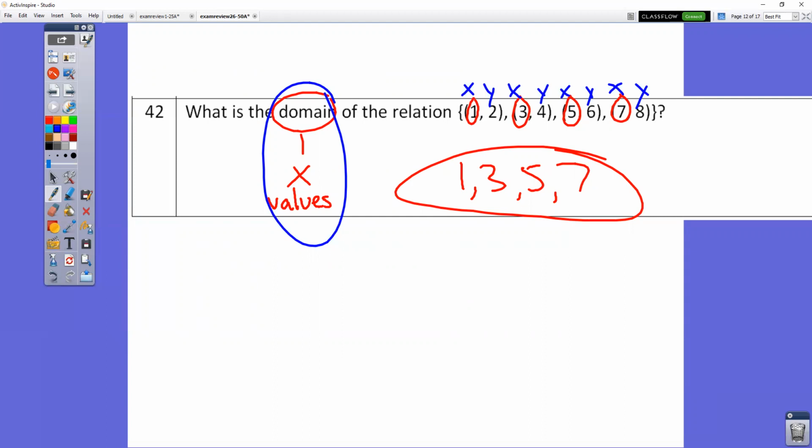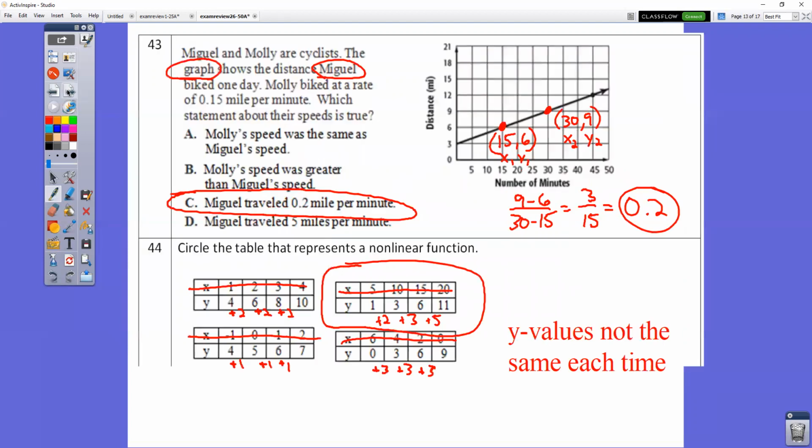Take a look at this first point, 1 comma 2, the 1 is the x value. 3 comma 4, what's the x value? It's 3. 5 comma 6, what's the x value? It's 5. 7 comma 8, what's the x value? It's 7. So 1, 3, 5, and 7 are the domain.